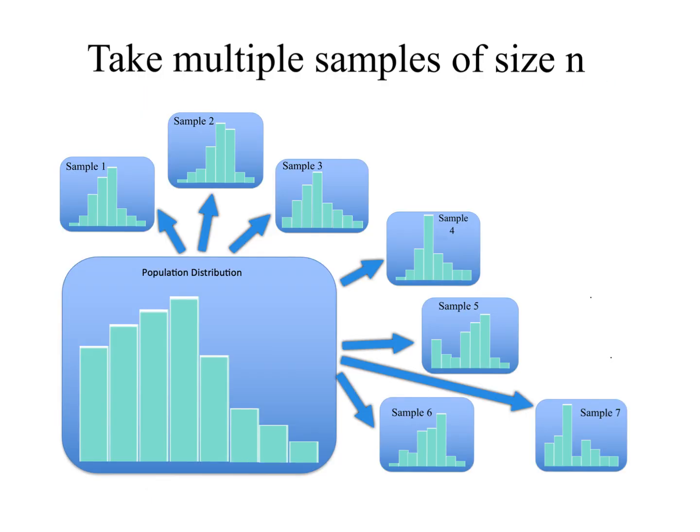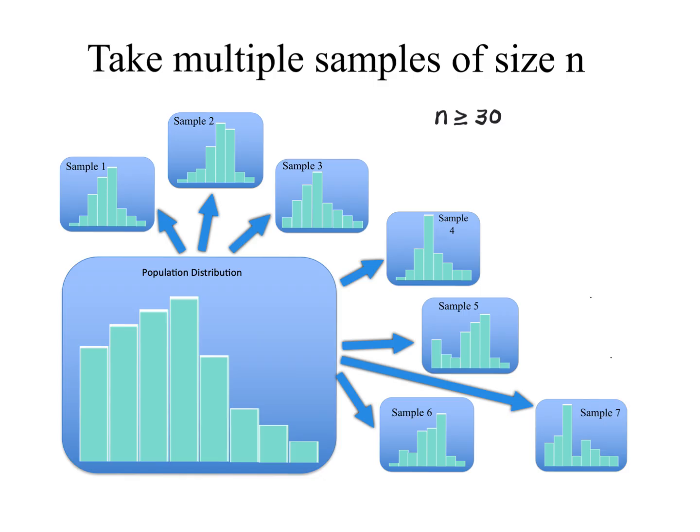We start by taking multiple samples from the population where each sample is size n, and we want n to be greater than or equal to 30. It must be large enough.